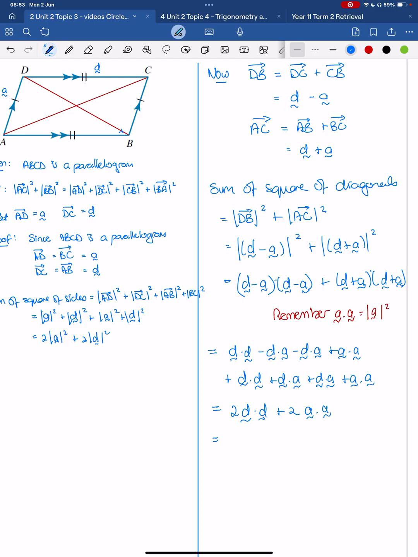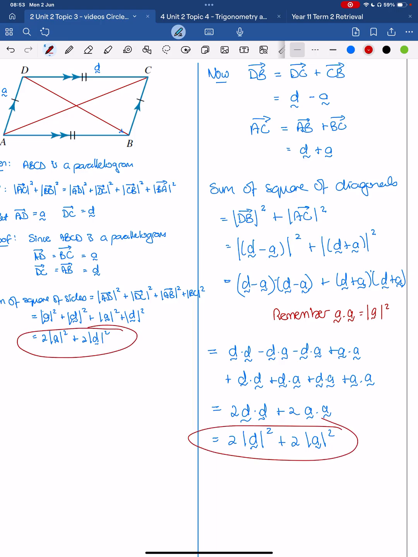And remembering that a dot a and d dot d give me the magnitude squared, that's equal to 2 times the magnitude of d squared plus 2 times the magnitude of a squared, which is the same as what I got over here when I summed my sides.